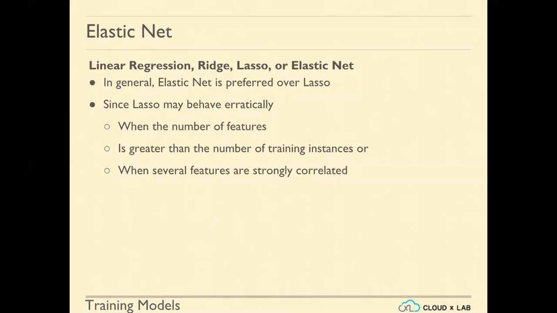So if many features are strongly correlated, lasso could behave in a very wrong way and might eliminate some of the features.